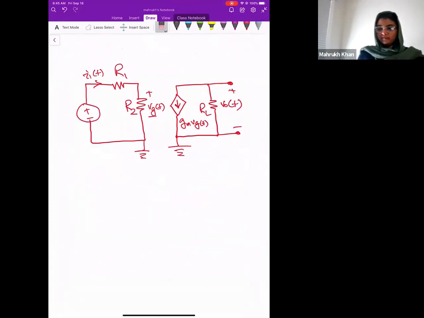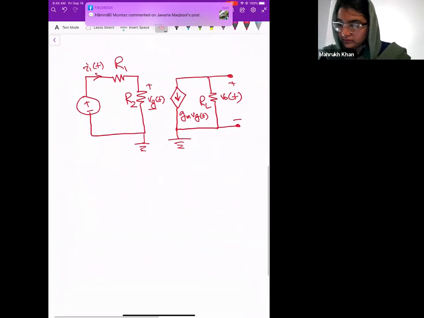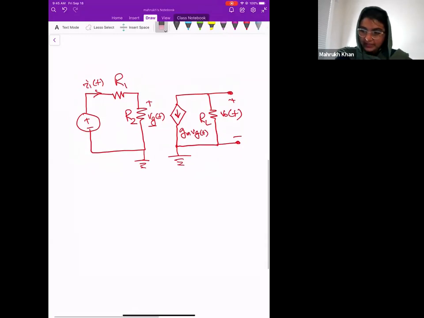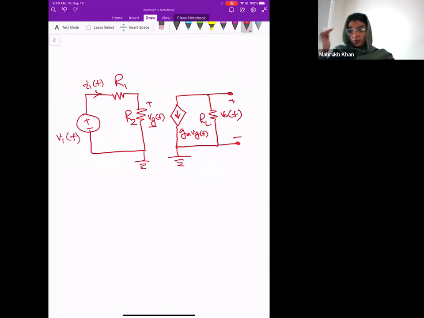So if I want to attack the problem, what should I do? If now I want to write the equation for the input stage, what should I do? What rule should I apply? What do you think? That can help me for the input stage.